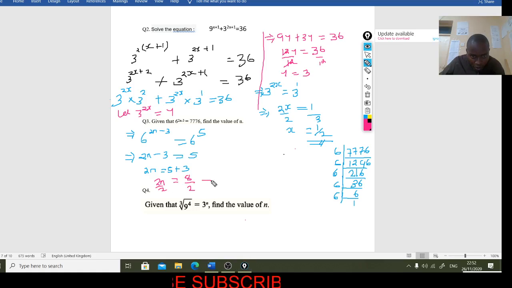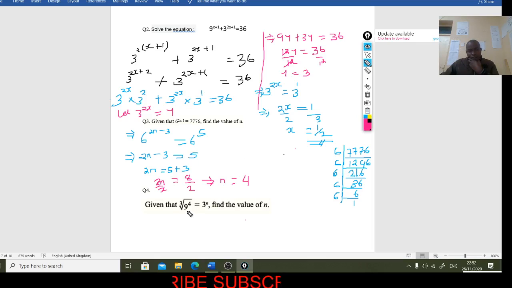So that means that n, because this cancels, I remain with n equals 4. N equals 4. So that is how we find the value of n here, by just understanding those laws of indices.